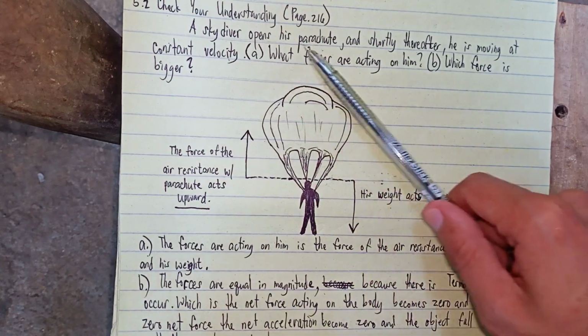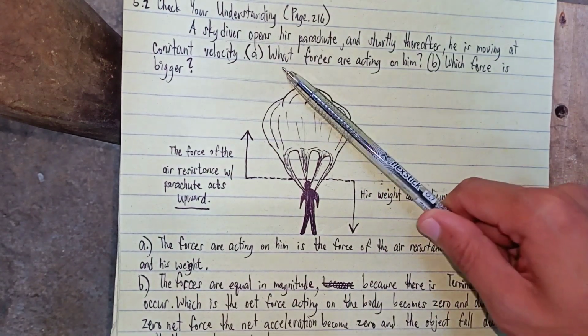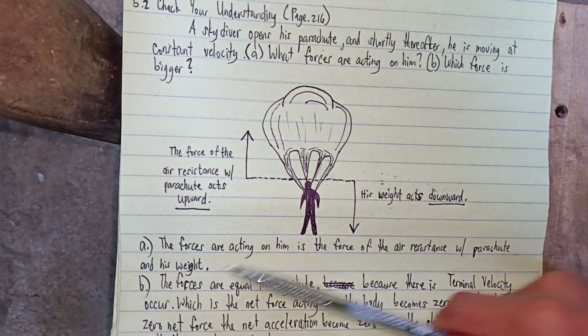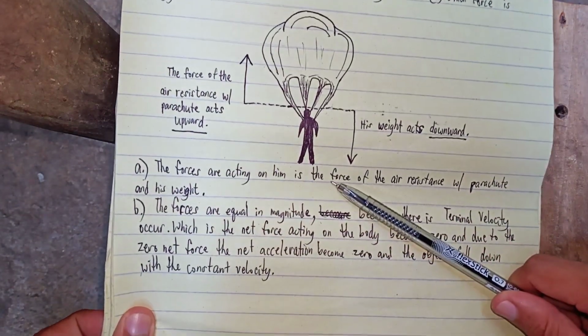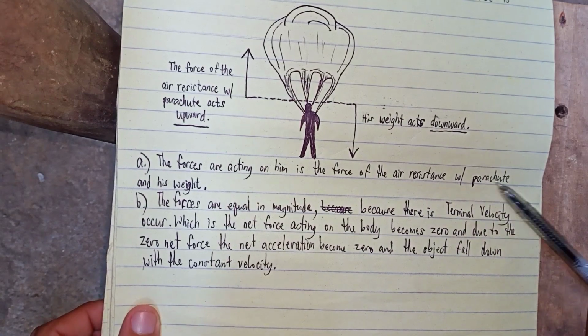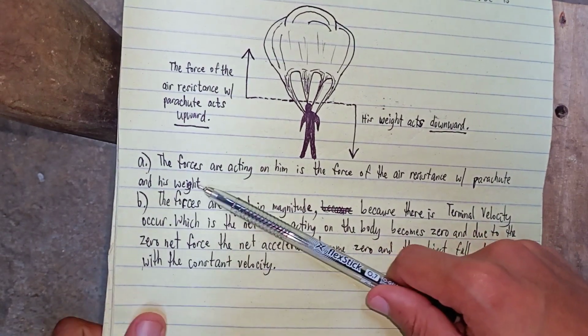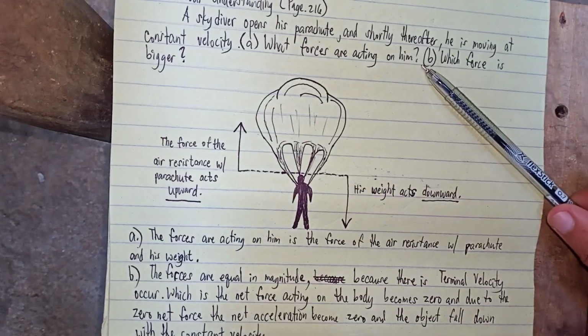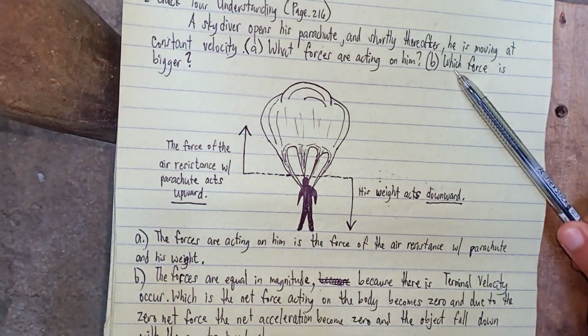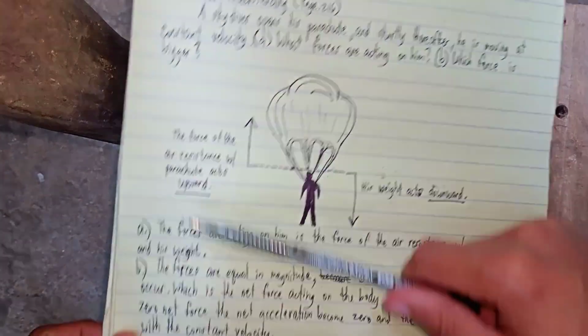Then, letter A. From the question, what forces are acting on him? The forces acting on him are the force of the air resistance with parachute and his weight. From the question, letter B, which force is bigger?